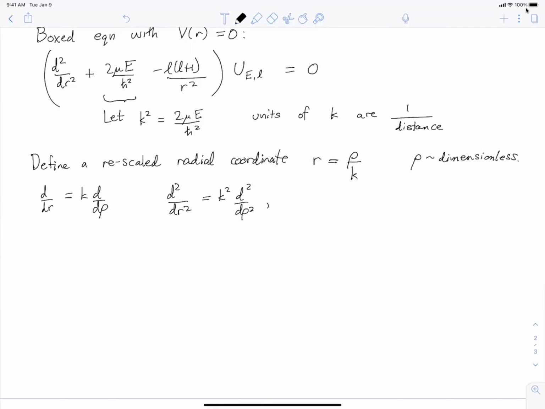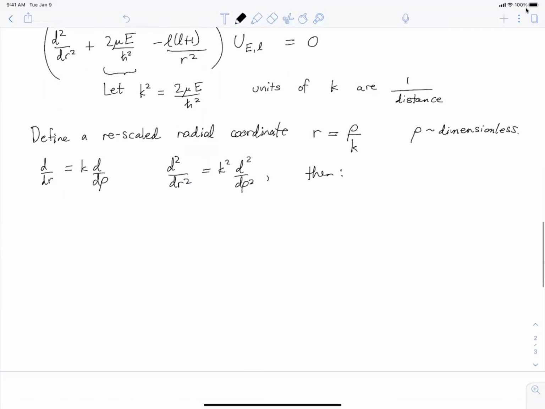Okay, and so if we plug those things in, now we're expressing everything in terms of u and rho, we get the second derivative with respect to rho plus 1 minus L times L plus 1 over rho squared, times u of rho is equal to 0.